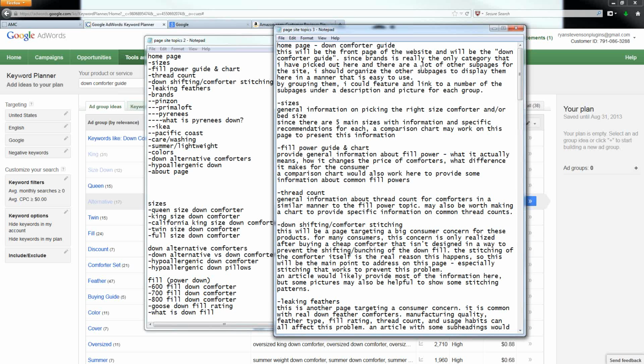I was talking about that earlier, possibly grouping up all of these different informational pages into possibly 2 different categories. So by grouping them, I could feature and link to a number of the subpages under a description and a picture for each group.